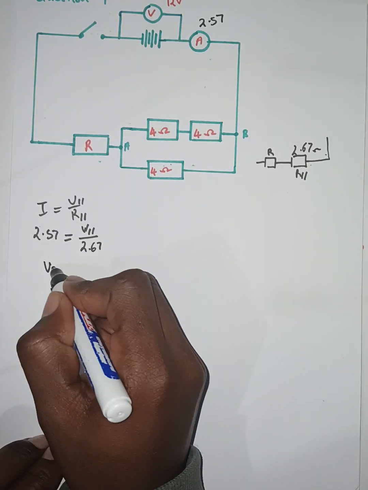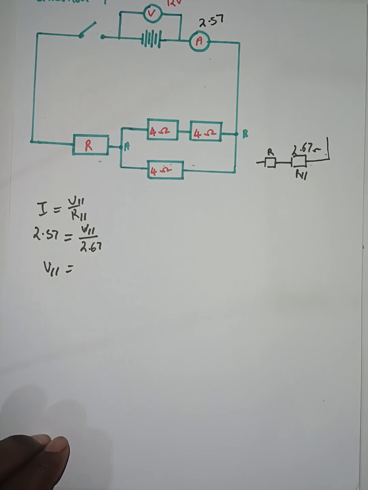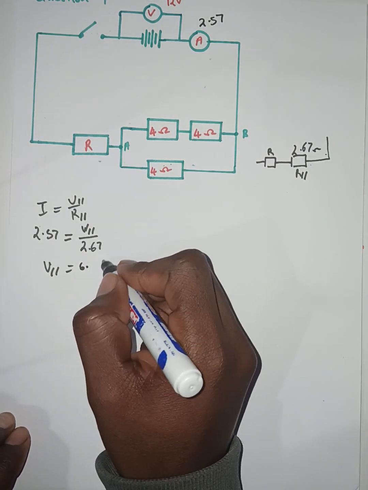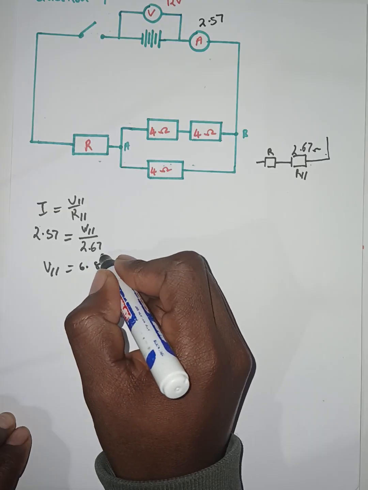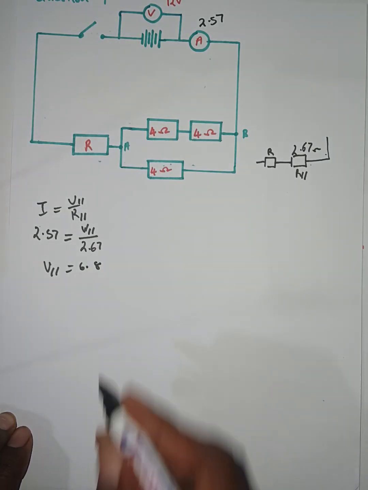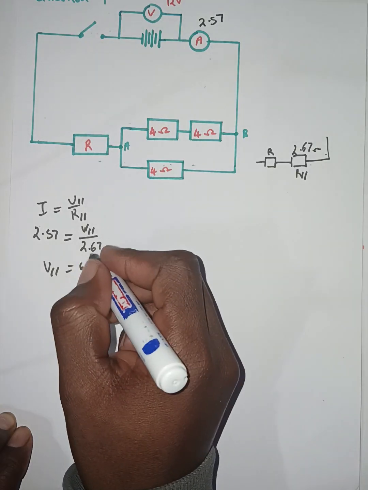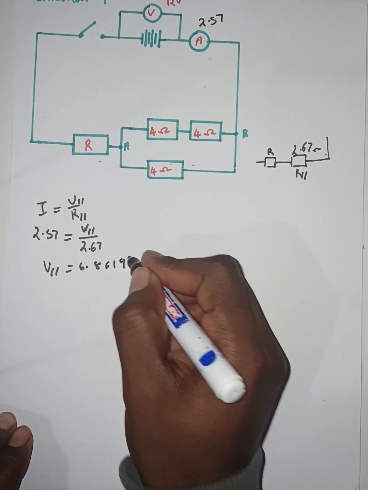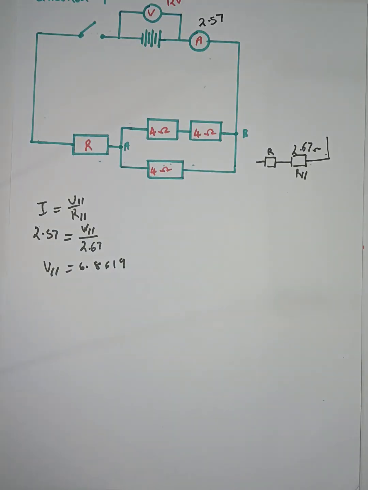So I found my V parallel to be, let me just put that in my calculator, 6.8619. I'm not going to round that off, I'm just going to leave it as it is, because this is not the final answer.